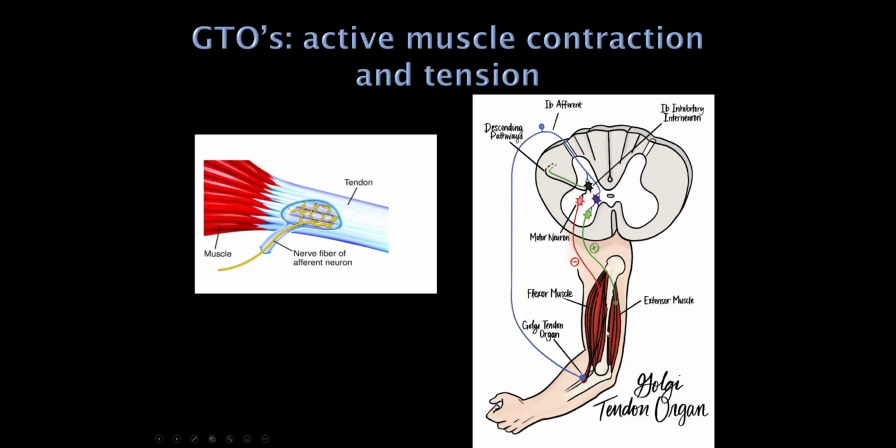The main reason is, just think about any very fine activity that you do, like writing with a pencil, or think of a surgeon doing surgery. You frequently need to activate agonists and antagonists together in parallel so that you can make a very precise movement. And so the function here of Golgi tendon organs, which unlike muscle spindles, which are mainly responsive to stretch, are more responsive to the state of contraction or tension in a muscle.